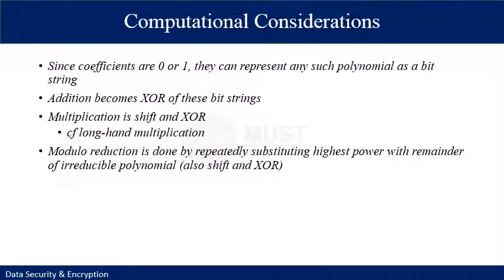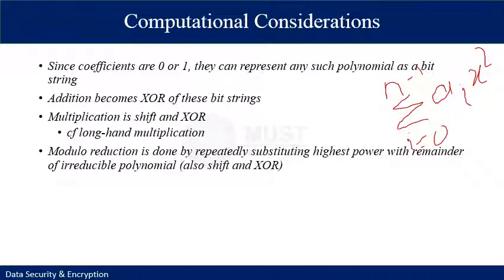So there are some computational considerations. A polynomial f of x in the form GF(2) raised to power n is similar to the other polynomials represented earlier, the sum for i from 0 to n minus 1 of a_i x raised to power i.